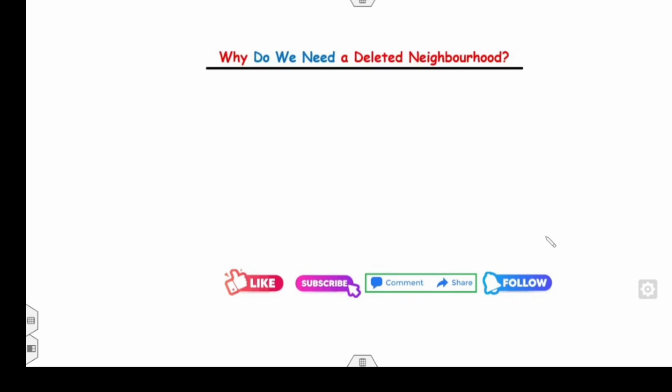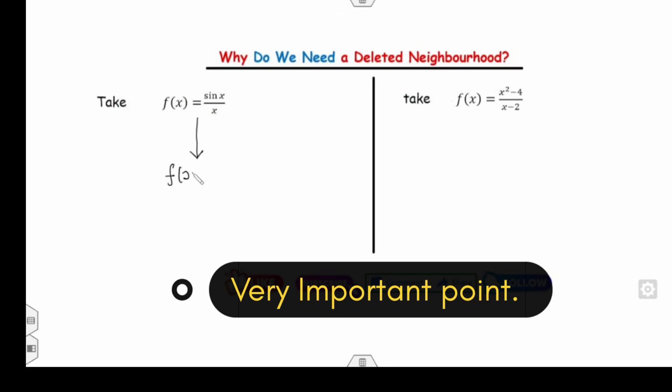Now the question is why there is a need for the deleted neighborhood. If I choose a very simple example, let's say f of x is sin x over x, or I can consider another, a rational function, x square minus 4 divided by x minus 2. Now clearly the function f is not defined at x equal to 0. इस पॉइंट पे डिफाइन नहीं होगा.